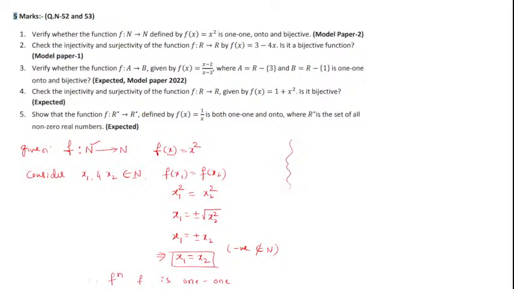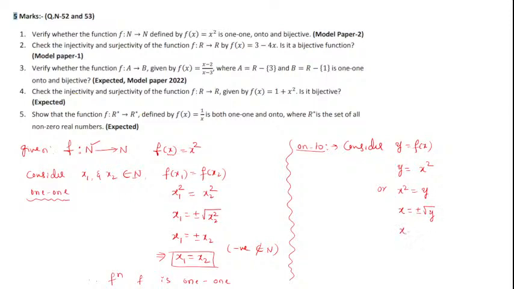So in order to prove whether it is onto or not, this was the condition for what? 1-1 function. Now we will go for onto. To check onto, consider the given function y is equal to f of x, that is y is equal to x square, or I can write x square is equal to y, or simply I can write x equal to plus or minus root y.